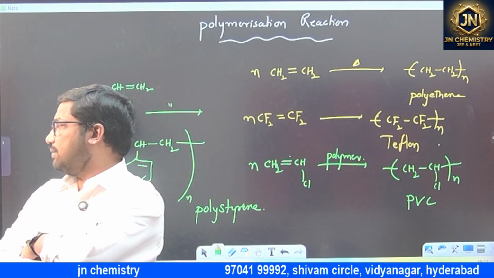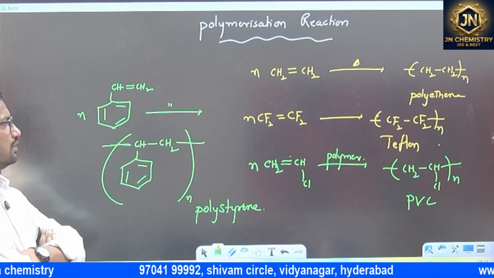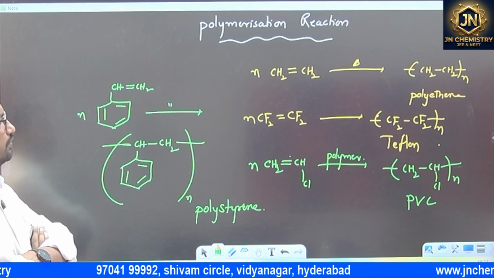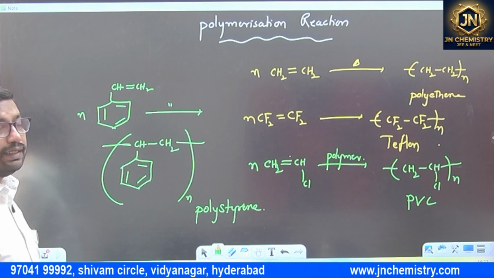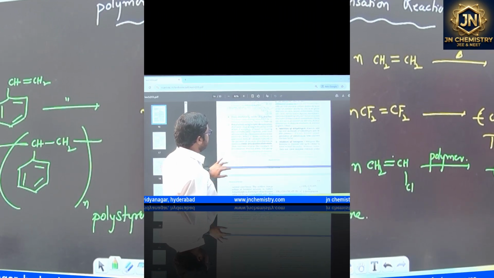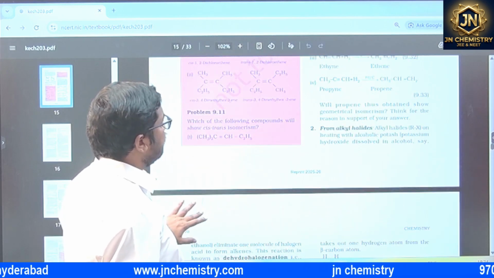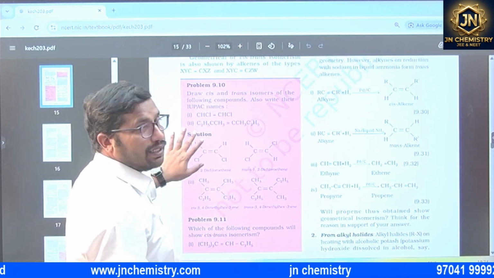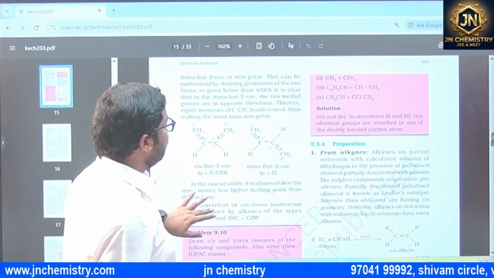So actually some extra reactions are also there, like Wurtz's process, but those are not in our syllabus. So first, whatever I told you right now, otherwise just go through the NCERT. First read those reactions, the basic things, because in NCERT some reactions are already there, but I explained a lot of reactions.